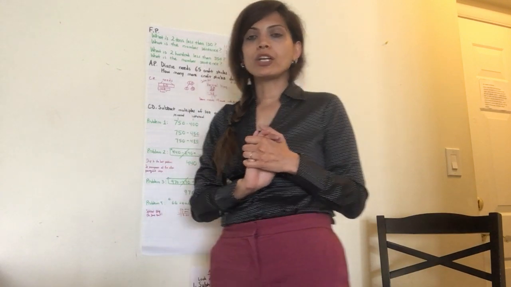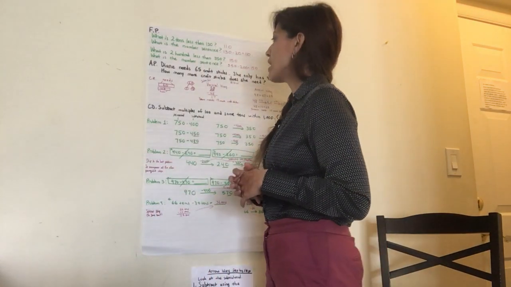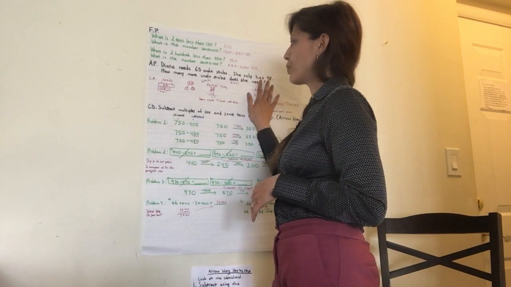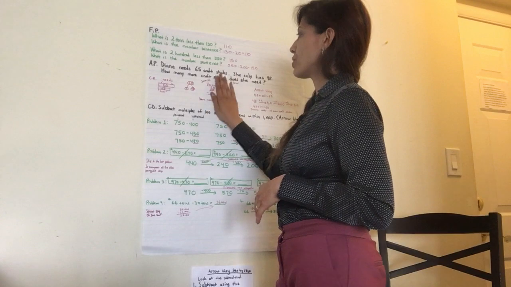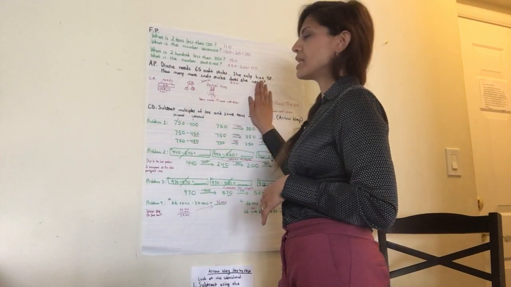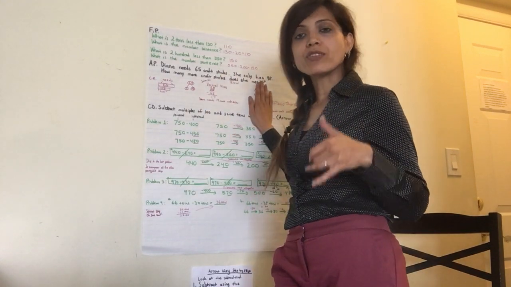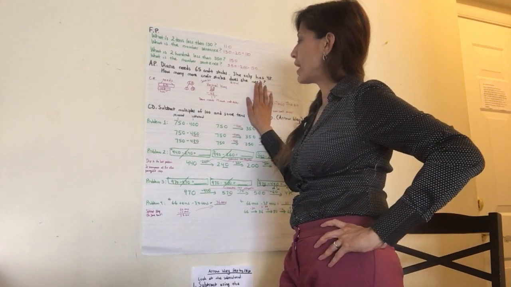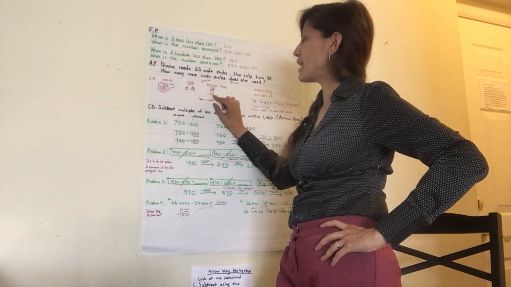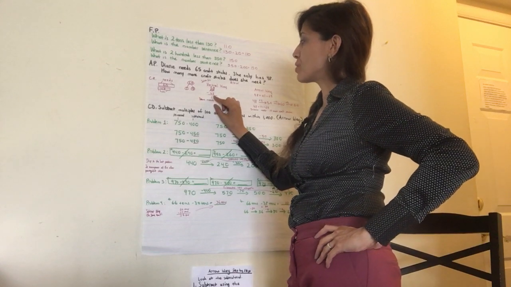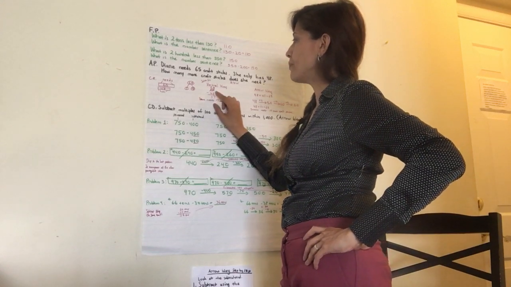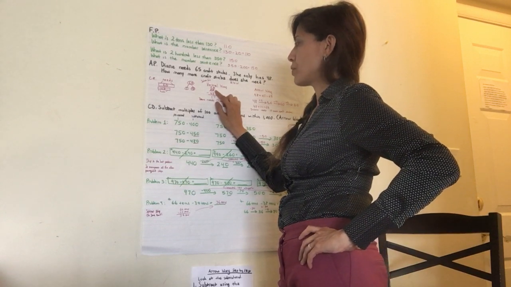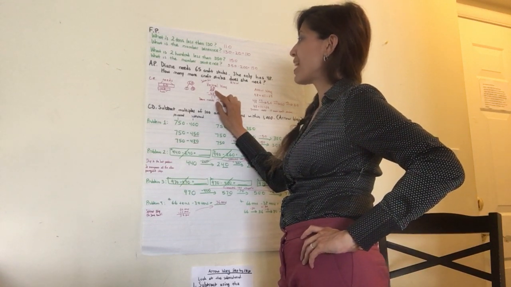Unpause. Okay, good job. I solved this using the vertical way, and then I used the arrow way. You can use whatever strategy you would like. If you do this the vertical way, 65 minus 48, I look at the top number in the ones column. Is the top number too small? Yes.